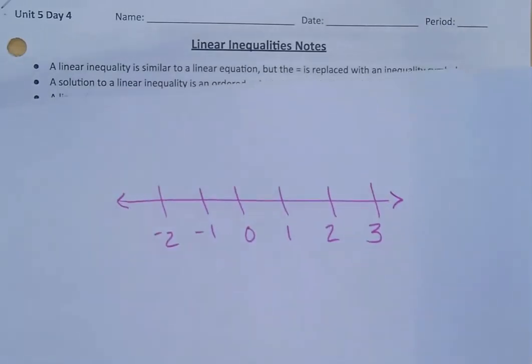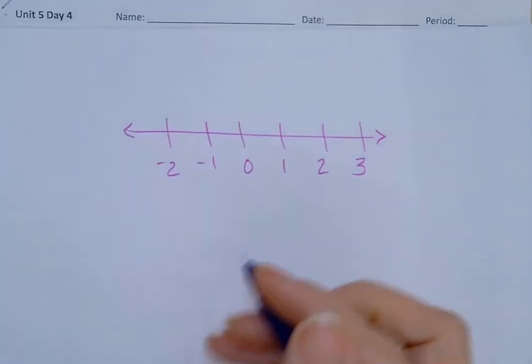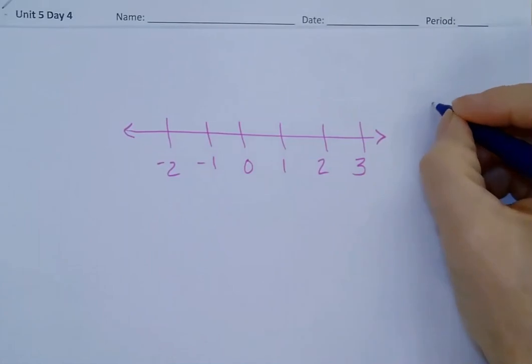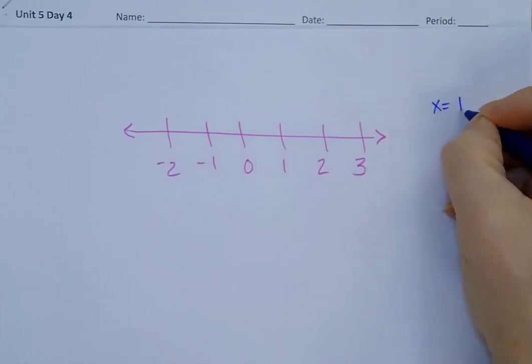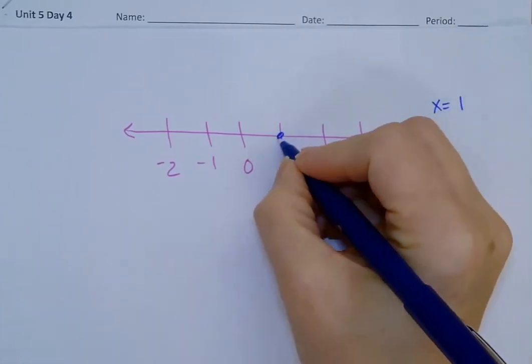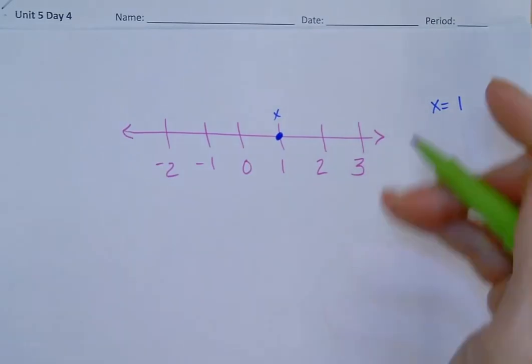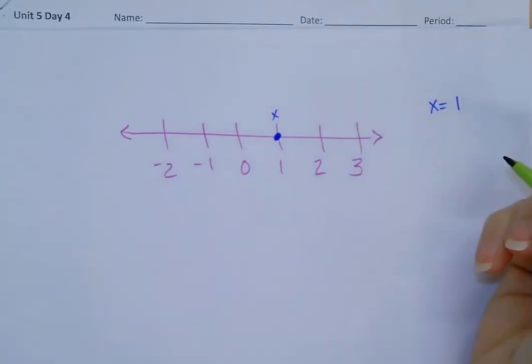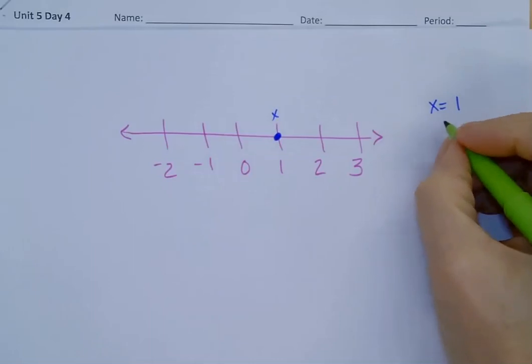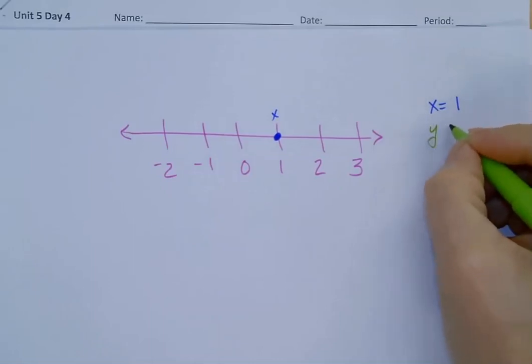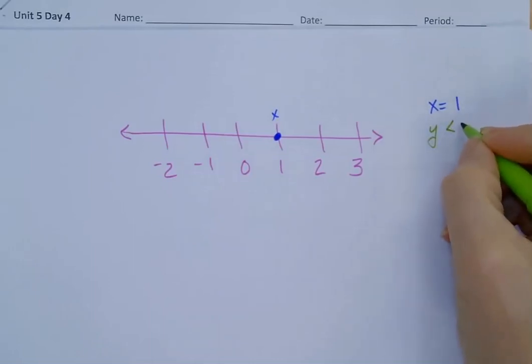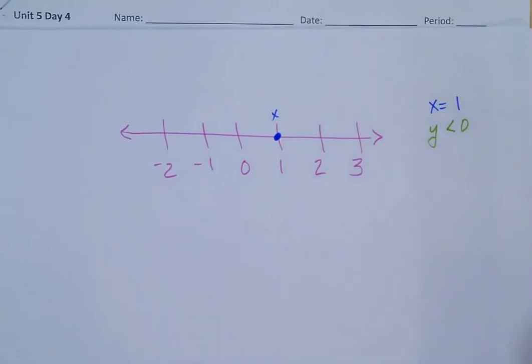But just as a quick reminder, if I have a number line here and I tell you that x equals 1, then I can mark a dot right here and say that that is x. If I use an inequality statement on this number line, I can tell you that y is less than 0, for example.